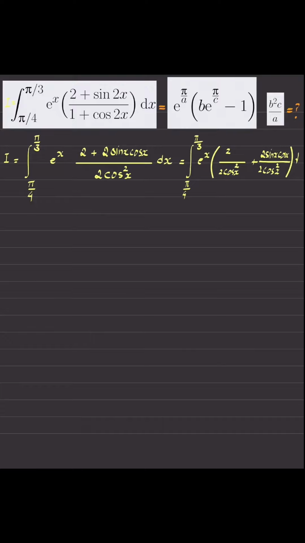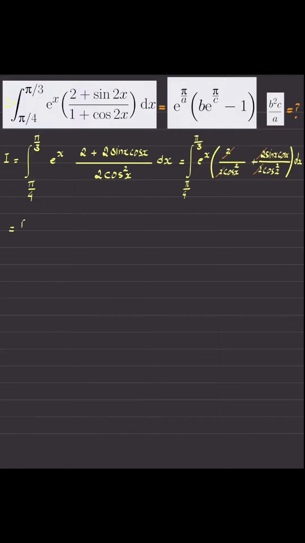So now first of all, you see that this 2 and that 2 are cancelled, this 2 and that 2 are cancelled, and I want to decompose my integral by multiplying this e to the power of x here and e to the power of x there, and decompose one integral into the sum of two integrals. Okay, so I'm going to do that.